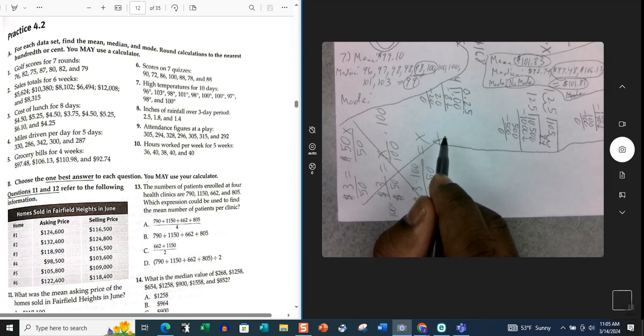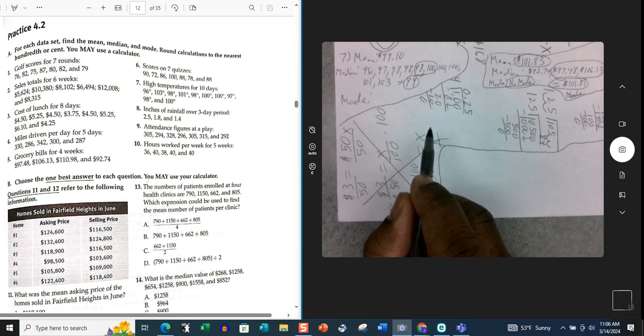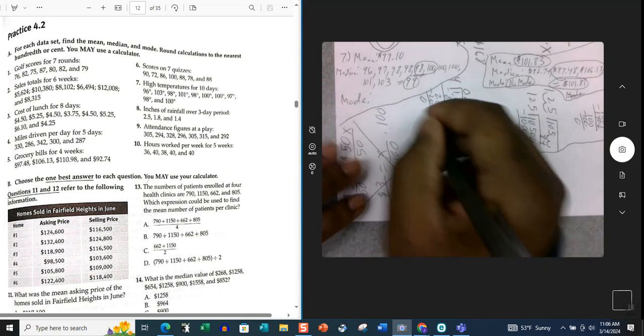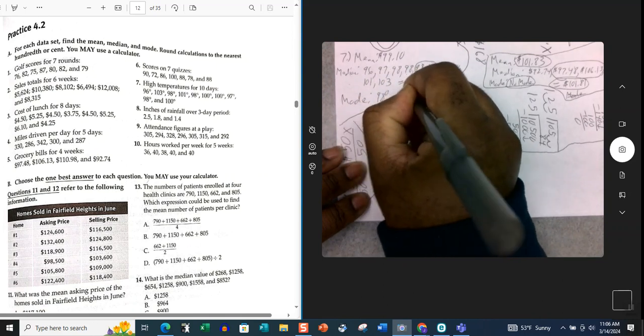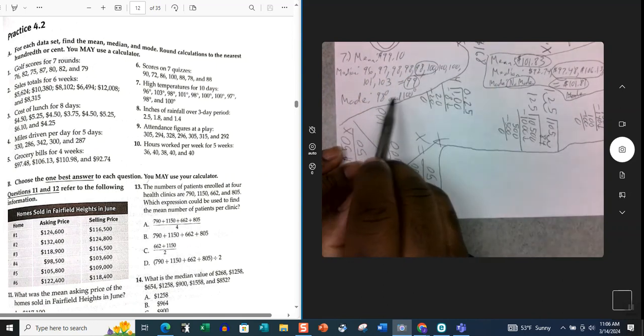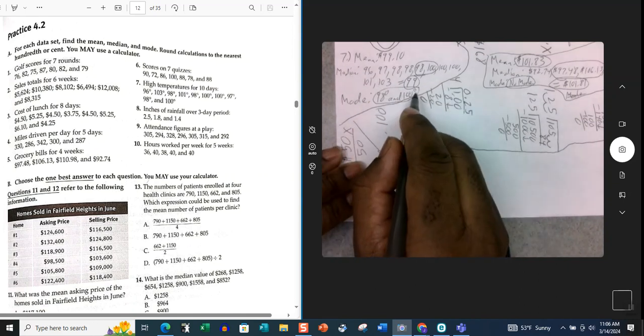It's the numbers or number that appears the most, and it can be more than 1. So with that being said, our answer here would be 98 degrees and 100 degrees. So that would be our mode, 98 degrees and 100 degrees.